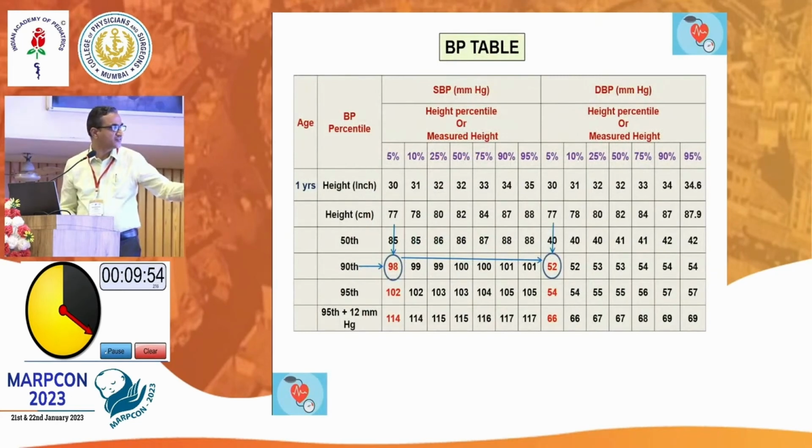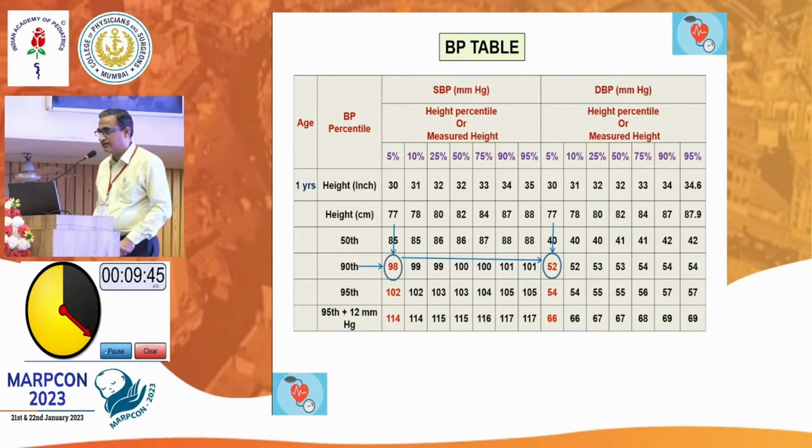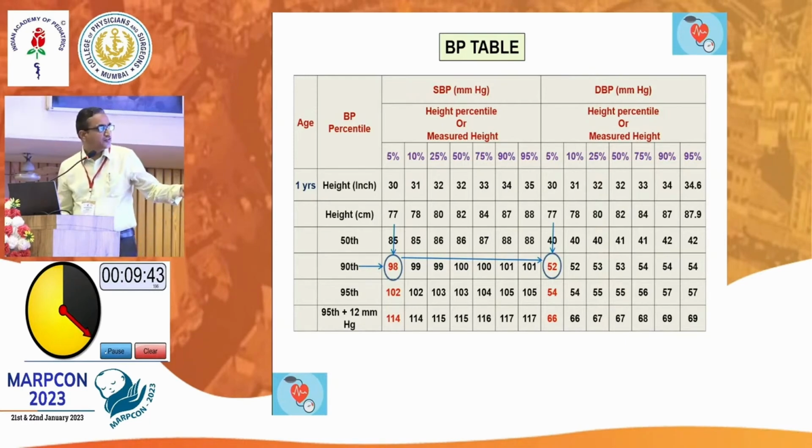Then draw another vertical line from the height section. The point at which these lines intersect each other is the 90th percentile value for that child. So similarly, find the 90th percentile for the systolic BP and for the diastolic BP.